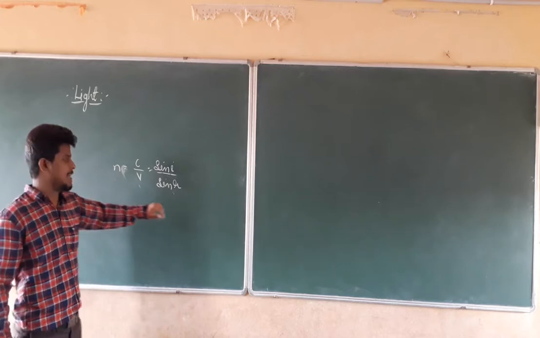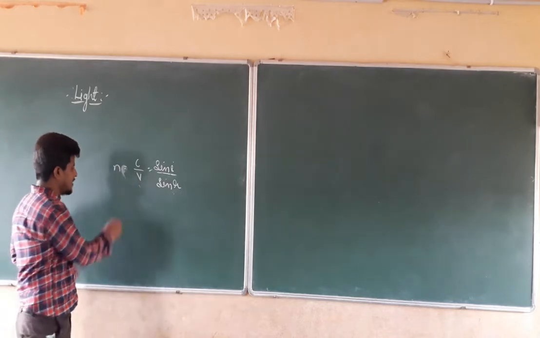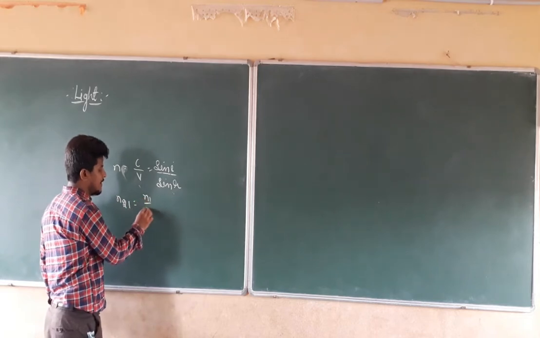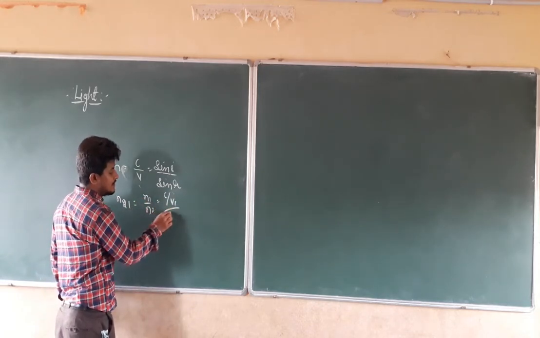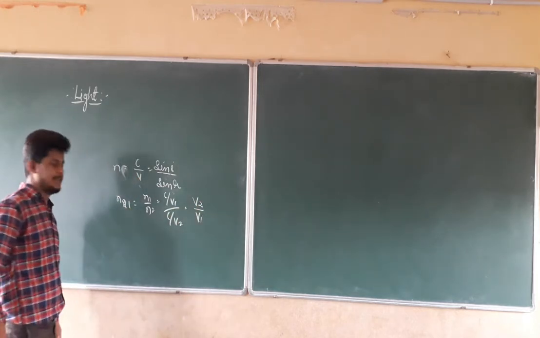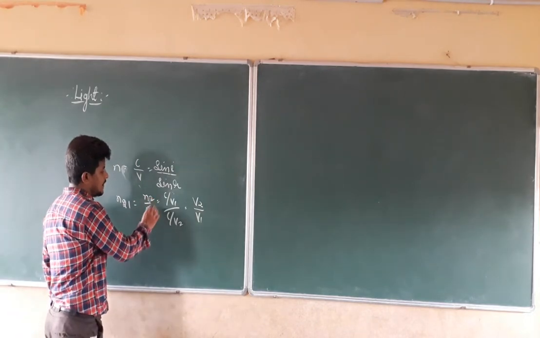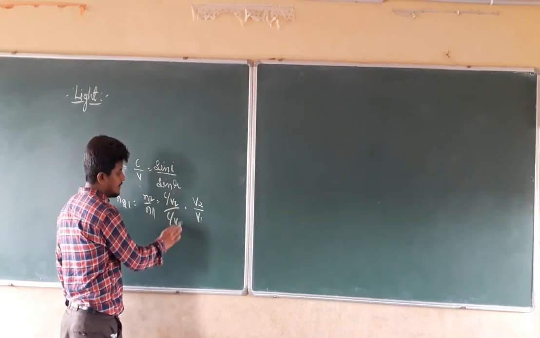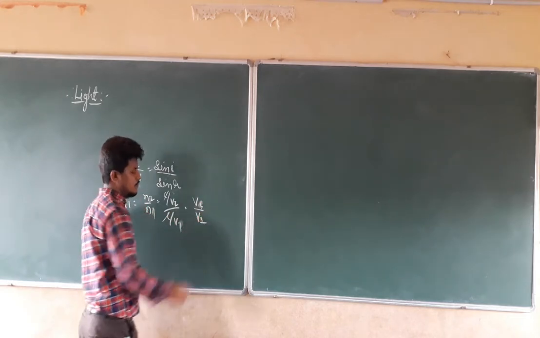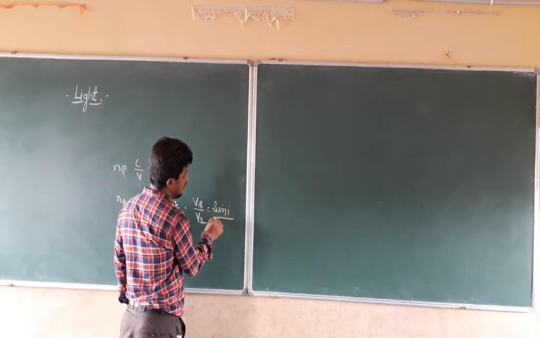In the same manner, if the relative refractive index, that is, the refractive index of the second medium with respect to the first medium, is given, then remember that it is n2 divided by n1, that is c divided by v2 divided by c divided by v1, which is v1 divided by v2. It is also equal to sin i divided by sin r.